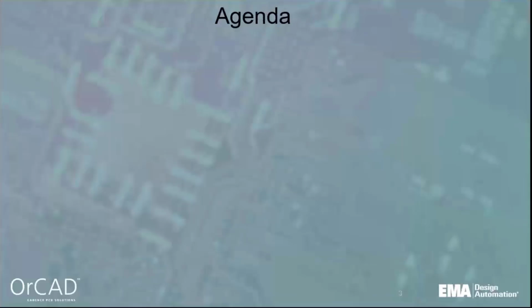So today we'll talk a little bit about the agenda, and we'll go over some stuff with high-speed design procedures, and then I'll turn it over to Sue, and she can show you how this can be implemented in the Allegro tool.